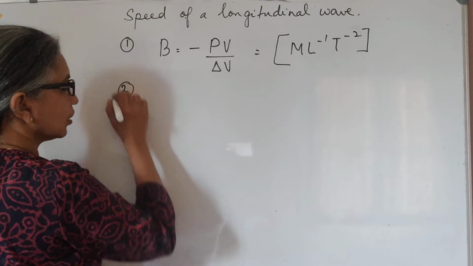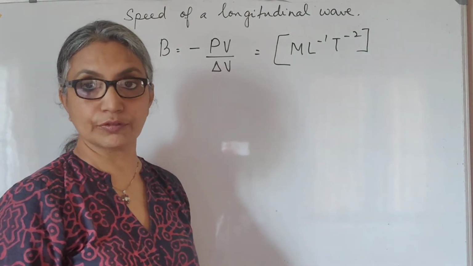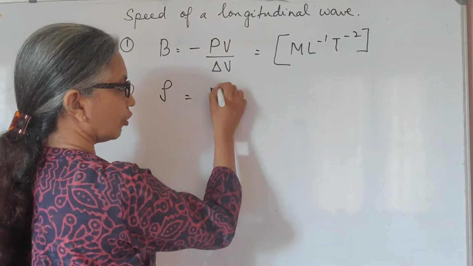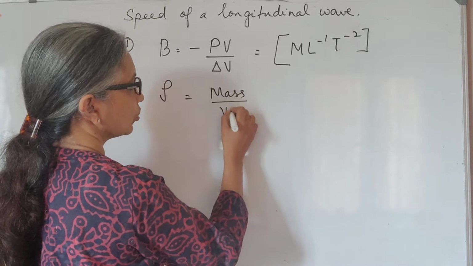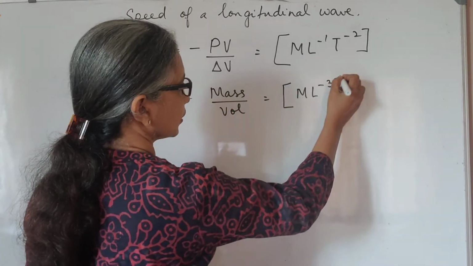The other factor that determines the speed of this longitudinal wave is the density of the medium. The density, rho, is mass per unit volume, so we have the dimensional formula ML^-3.